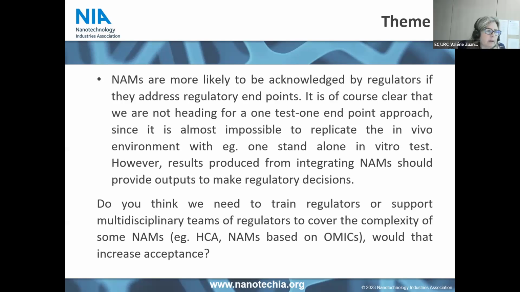I think the level of understanding of regulators in NAMs is a bit different. It depends how much they are engaged in evaluating those, how much they are engaged in the validation exercises at the OECD level, etc. So there are regulators who have a good knowledge about NAMs because they are engaged and keep pace with the progress and try to stay involved.